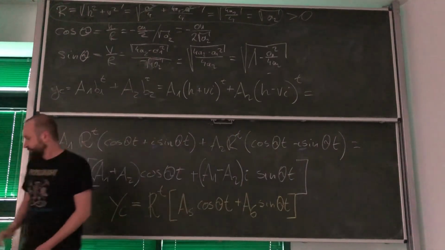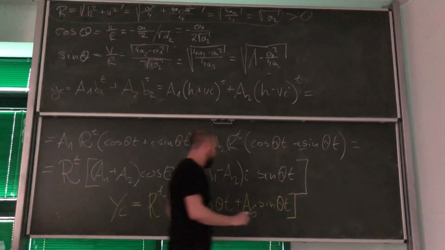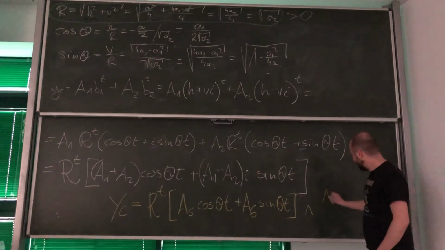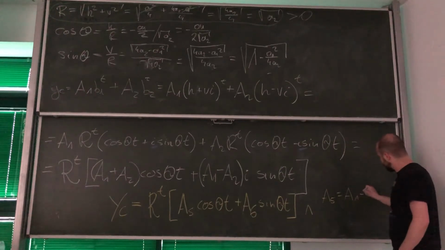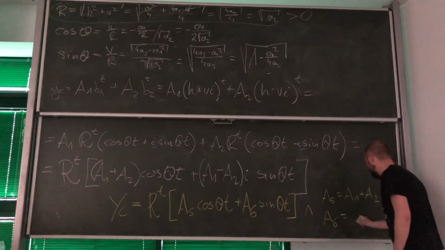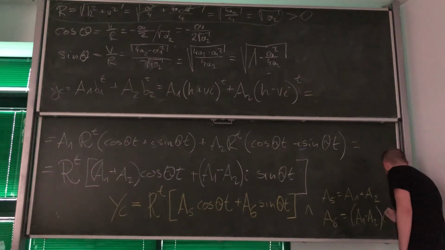And of course, in those circumstances, we need to remember that our a5 is simply equal to a1 plus a2, while a6 is equal to a1 minus a2 I.